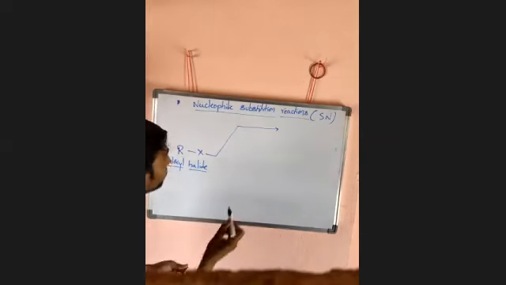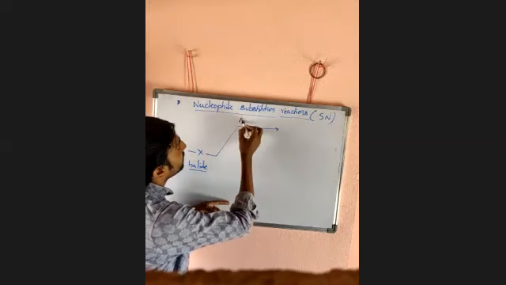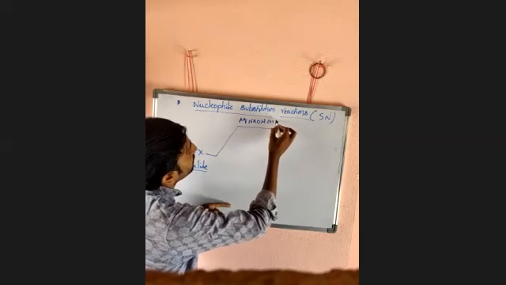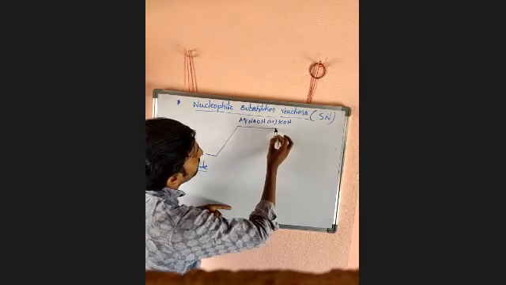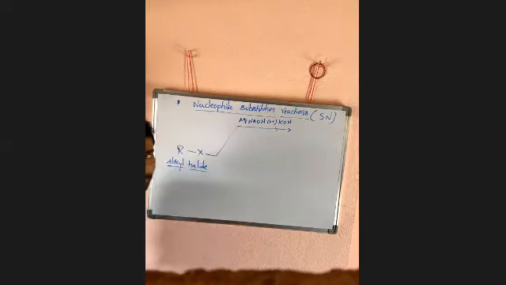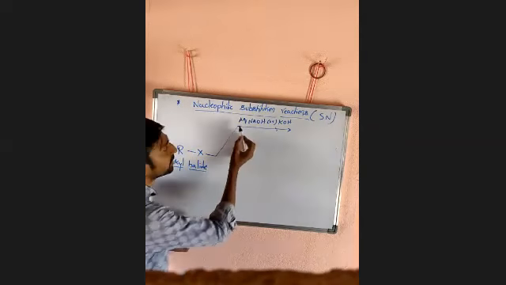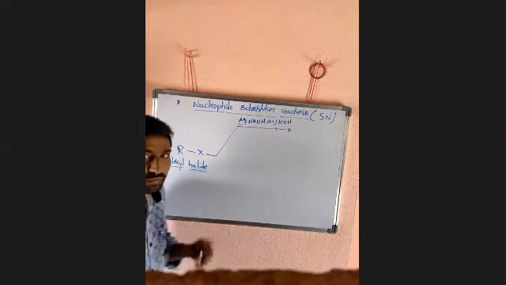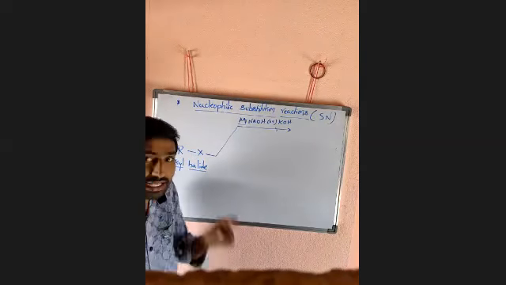So just look here. What happens when alkyl halide is treated with aqueous NaOH or KOH? How to remember this? Aqueous NaOH or KOH is involved in substitution reaction, but alcoholic NaOH or KOH is involved in elimination reaction.